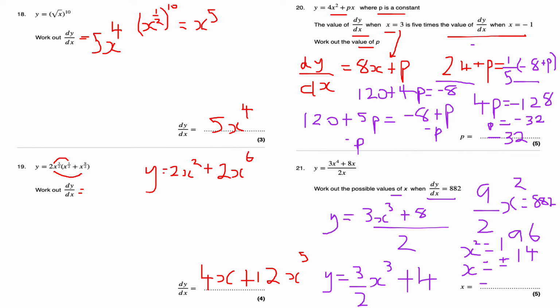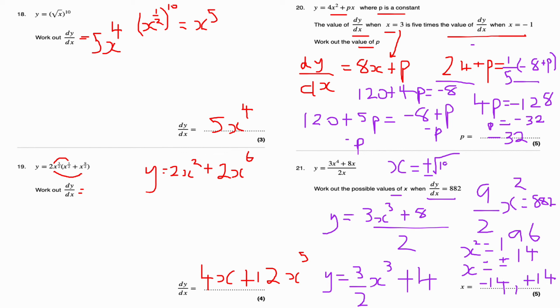So x can equal -14 or x can equal +14. Doesn't really matter which one it is. Remember that if x squared equals a number, x equals plus or minus the square root of that number. So x is equal to plus or minus the square root of 196.